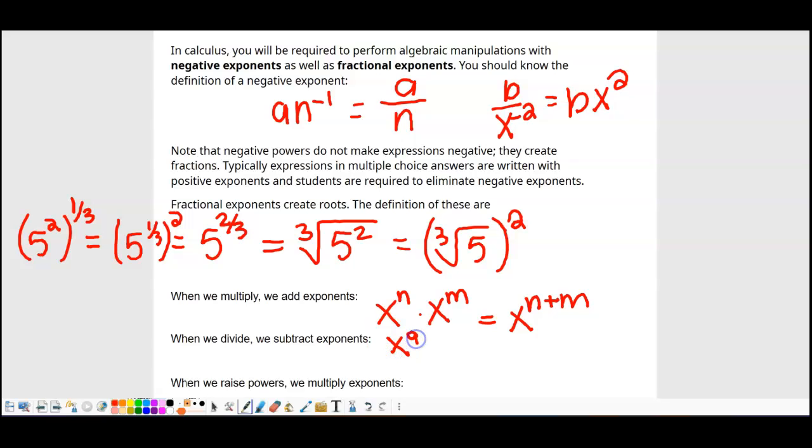So x to the a over x to the b is equal to x to the a minus b. And when we raise powers to a power, we multiply. So that's the same as that 5/3 example. So that would be like x to the c, all raised to p, would be x to the c times p, and I'm super running out of space. And it wrote that really big.